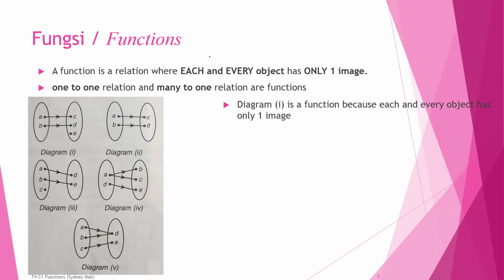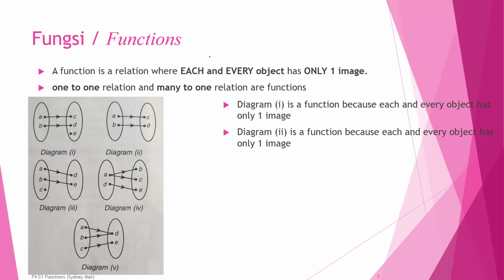Right. The first one is a function, because each and every object has only one image. What about part 2? Is that a function? Yes, the reason is each and every object has only one image. Part 3, is part 3 a function? Yes. Why? Each and every object has only one image.